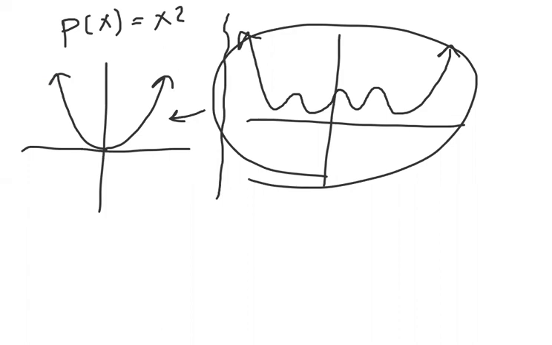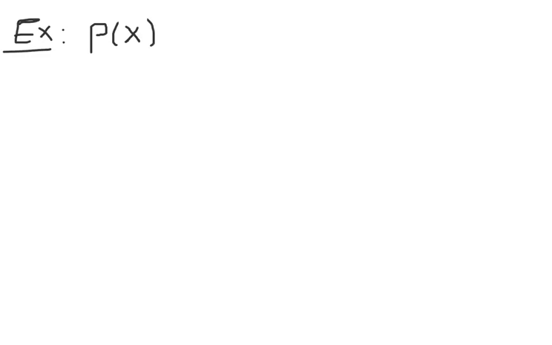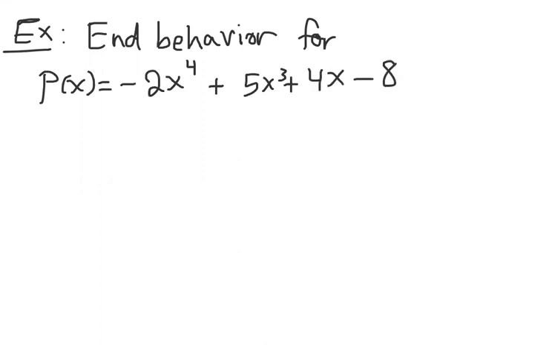So now, perfect. Any question about the end behavior? I give you an example for the end behavior. What is the end behavior for p of x equals minus 2x to the 4 plus 5x to the 3 plus 4x minus 8?